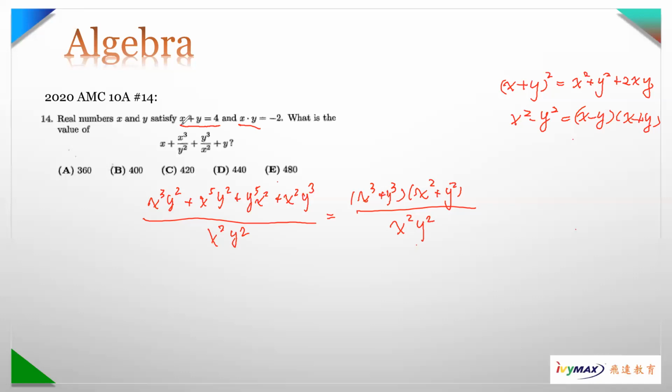Because we have x plus y, right? So let's say (x plus y) cubed should be (x plus y) times (x plus y) times (x plus y), which gives x cubed plus y cubed plus 3 times x squared y plus 3 times xy squared.